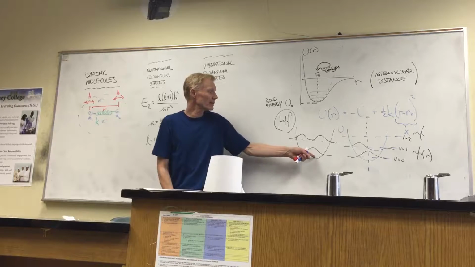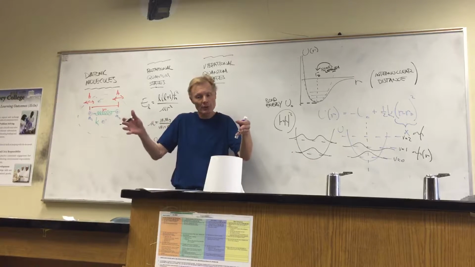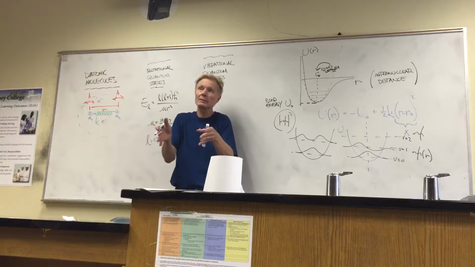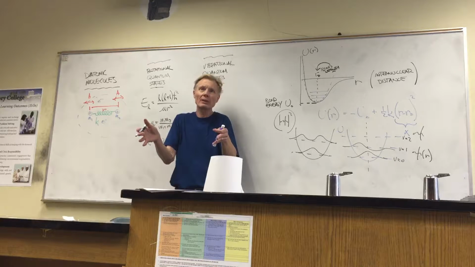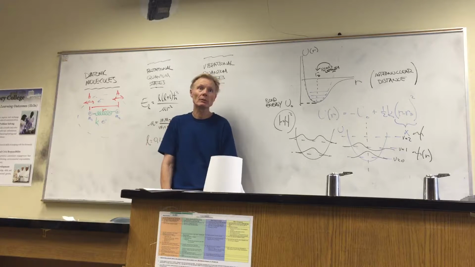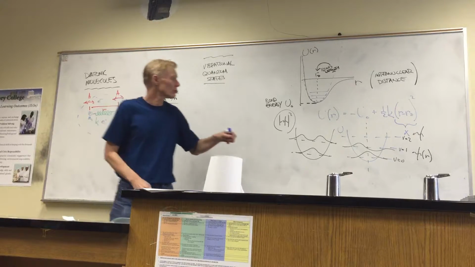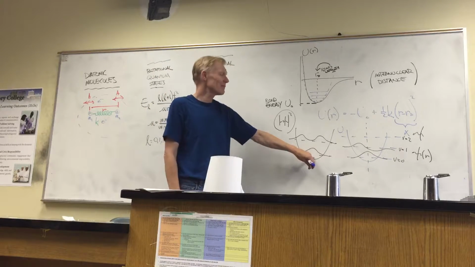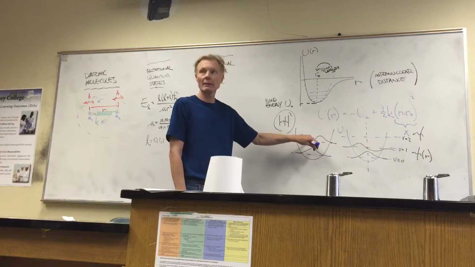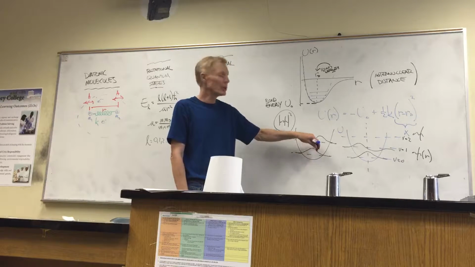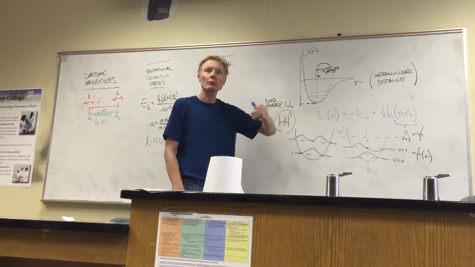So it's the same kind of idea here. It can be a little larger than equilibrium separation, it can be a little less, but there's actually no probability at all of being right at equilibrium. For v equals 1, exactly. So this is behaving kind of like an S state, this is behaving kind of like a P state in that sense. So here we have nodes right in the central regions.